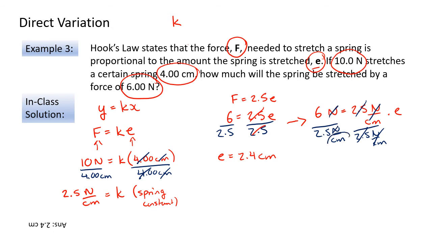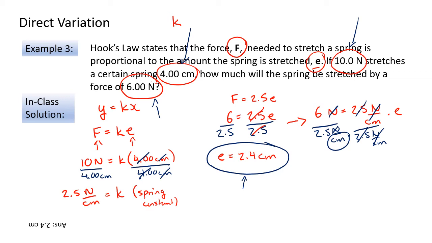So we were left with just a unit of centimeters. Our final answer came out as 2.4 centimeters. And you can see that that number makes sense. You applied a greater force when you were calculating the constant, and it stretched 4 centimeters. So when you apply less of a force, it should be stretched less.